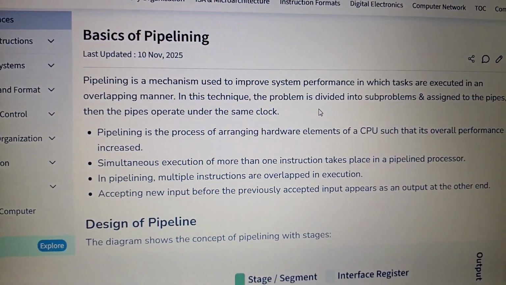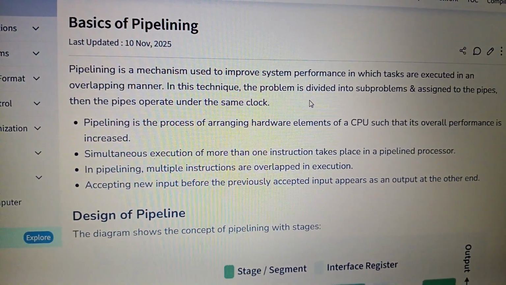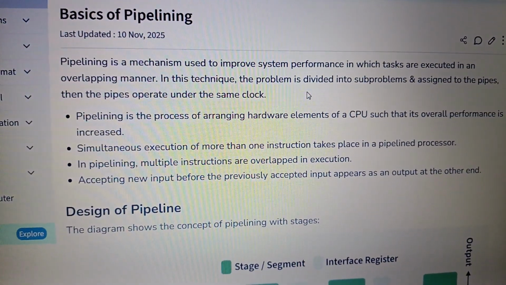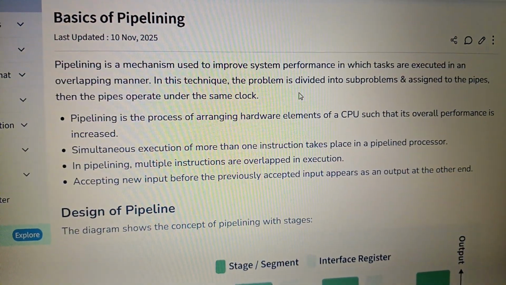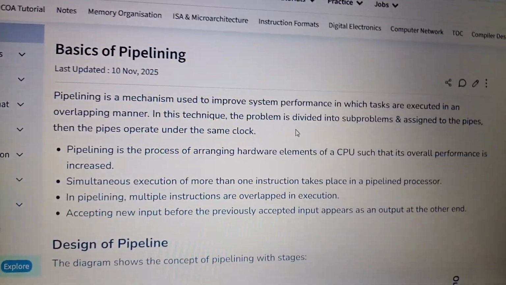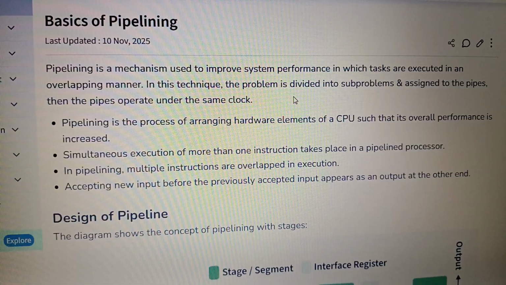Basics of pipelining. Pipelining is a mechanism used to improve system performance in which tasks are executed in an overlapping manner. In this technique, the problem is divided into subproblems and assigned to the pipes. Then the pipes operate under the same clock.